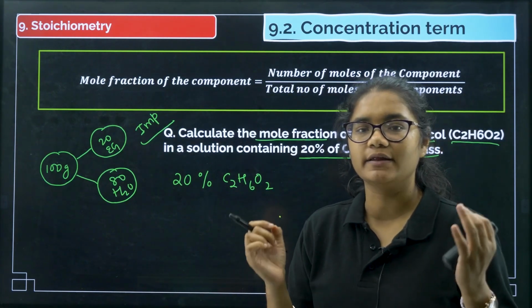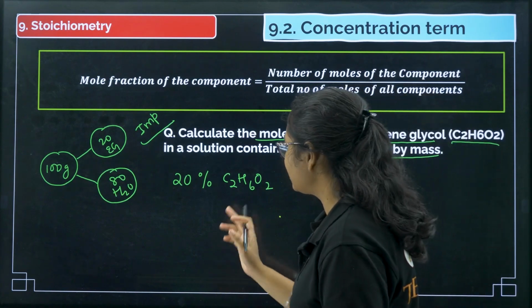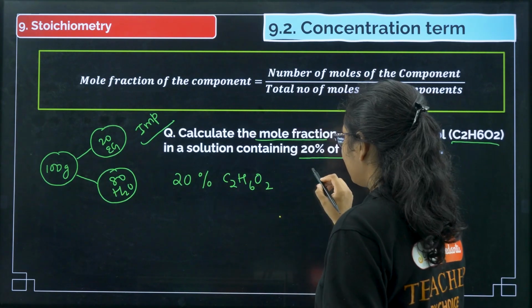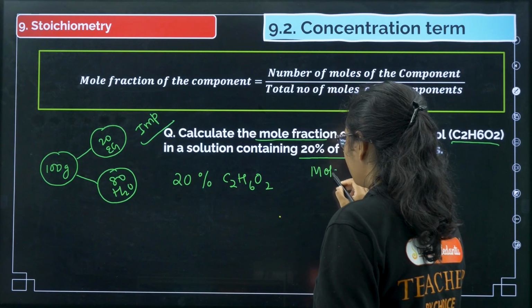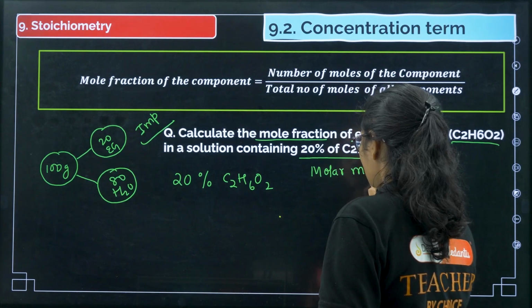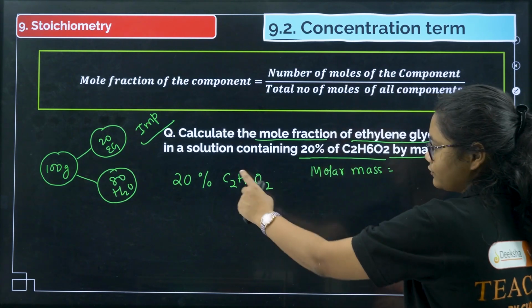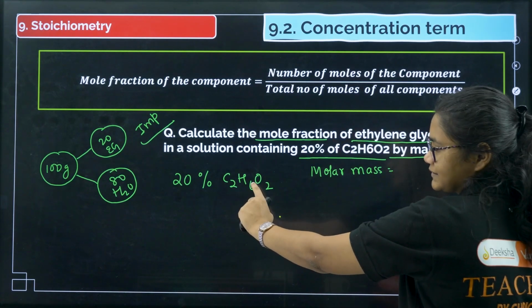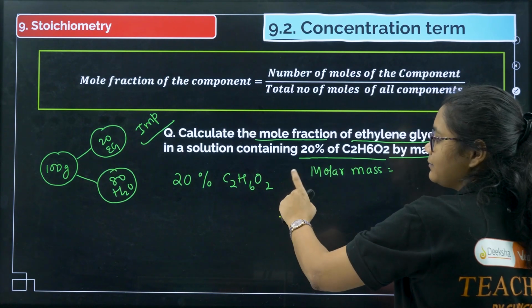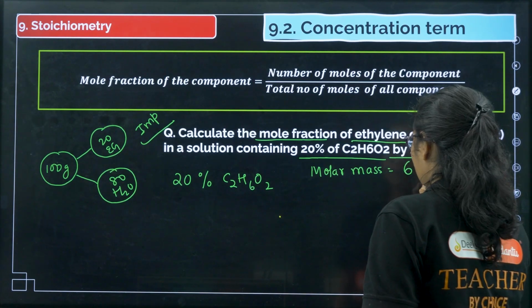Now we need to calculate the number of moles. So let us first calculate the molar mass of ethylene glycol. It is C2H6O2. So 12 2s are 24, 24 plus 6 is 30, and 30 plus 32 is 62.